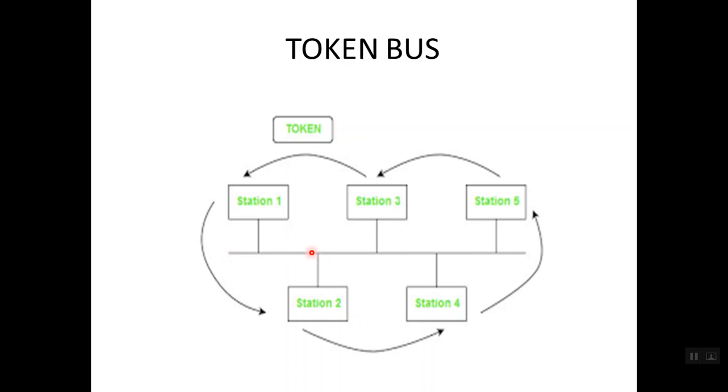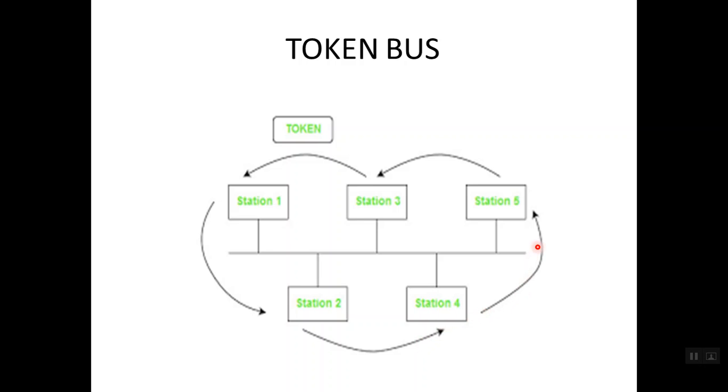It's a transmission line to which all the machines are connected, but transmission takes place in the form of a ring, which means logically these machines are connected in a ring. This indicates a logical ring, and the ring is created on the basis of machine address.